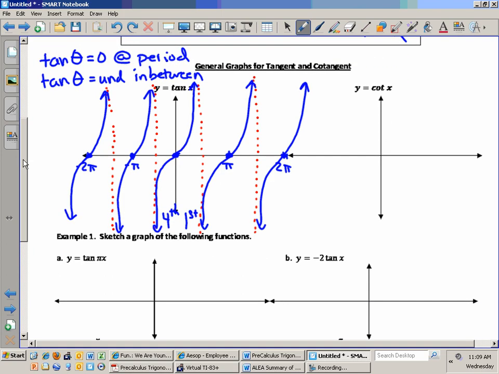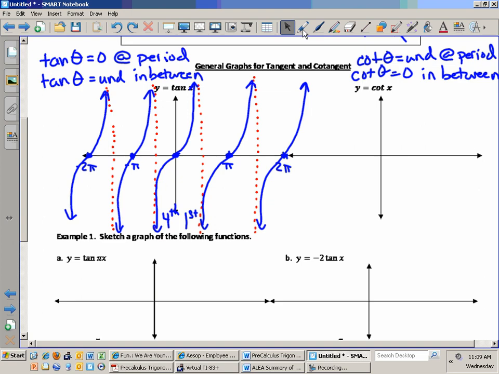So if tangent is equal to 0 at the period, cotangent of theta is equal to undefined at the period. And cotangent is equal to 0 in between. So that makes them different.